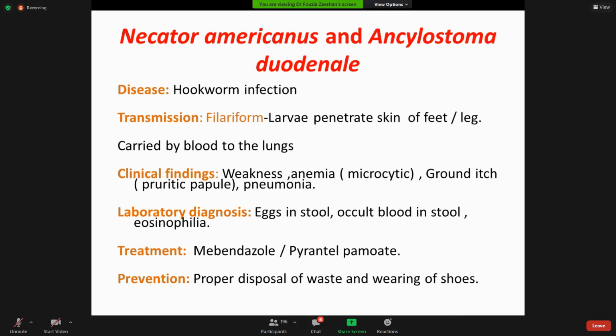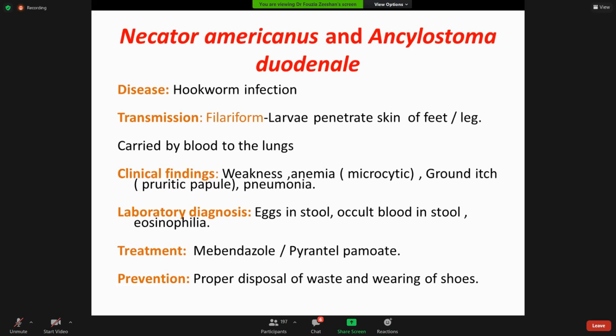These are also called the hookworms, and they are found worldwide, especially in tropical areas. Walking barefoot on soil leads to the infection, and it is a very important public health measure to make sure that all the children, especially, wear shoes. Proper disposal of waste and the wearing of shoes is prevention.